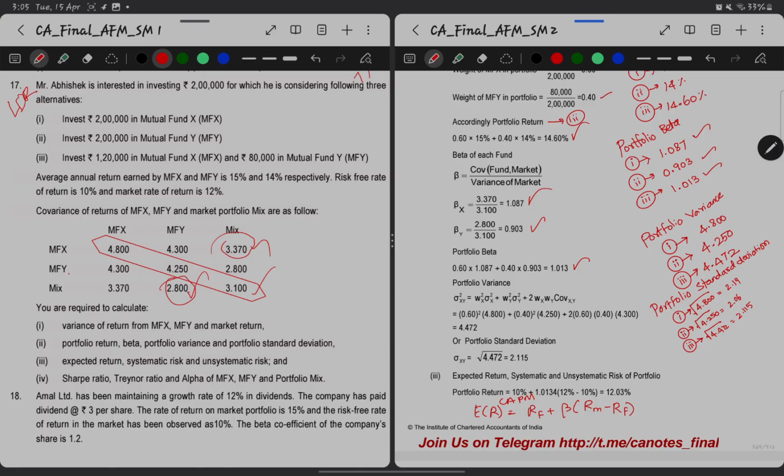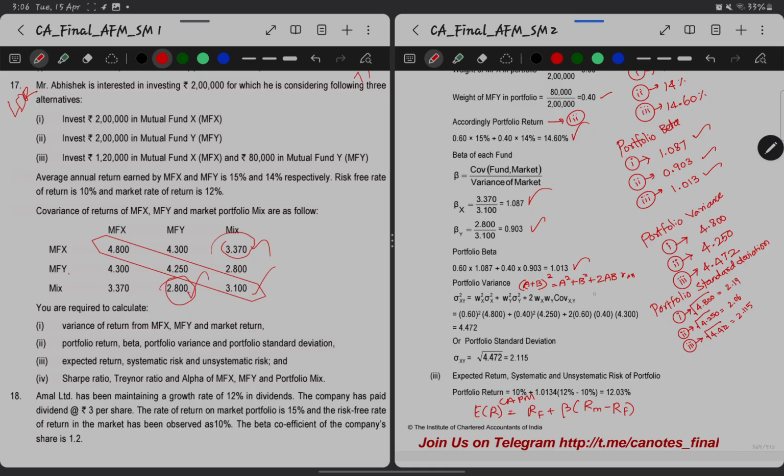In case of the third alternative, we have to find it out, using the formula we learned previously, the (a plus b) whole square approach, which is a square plus b square plus 2ab with the correlation of a and b.